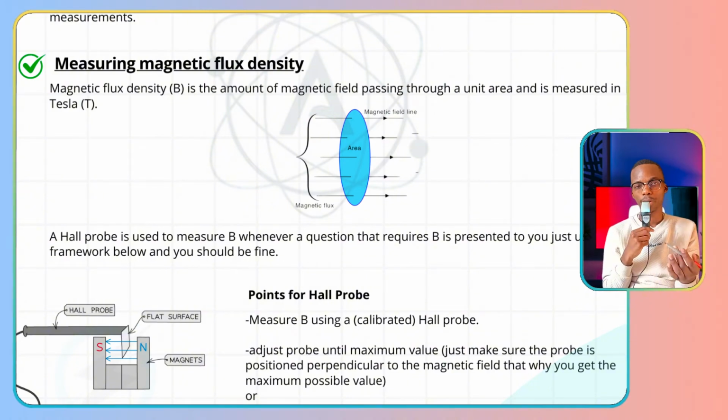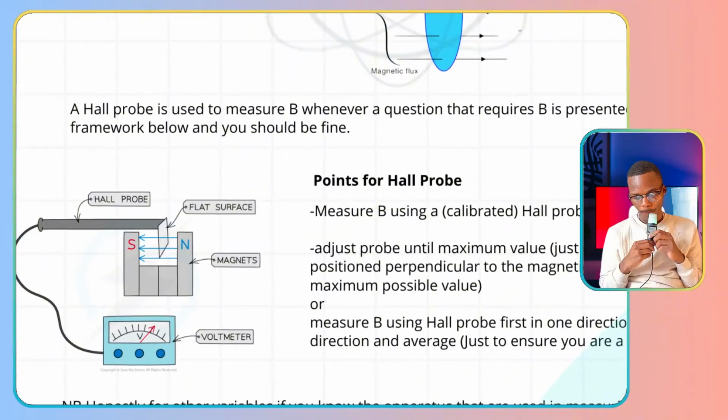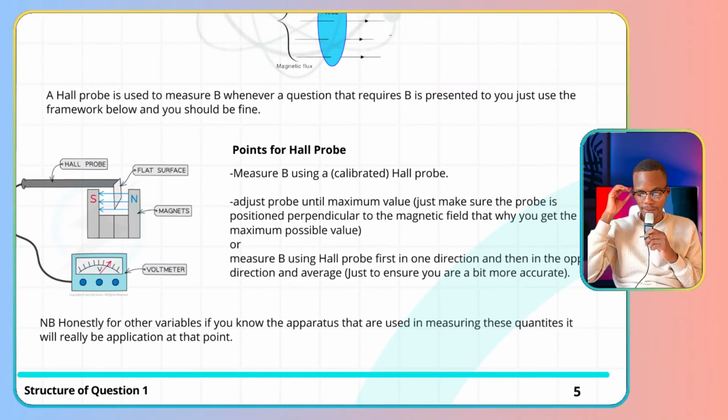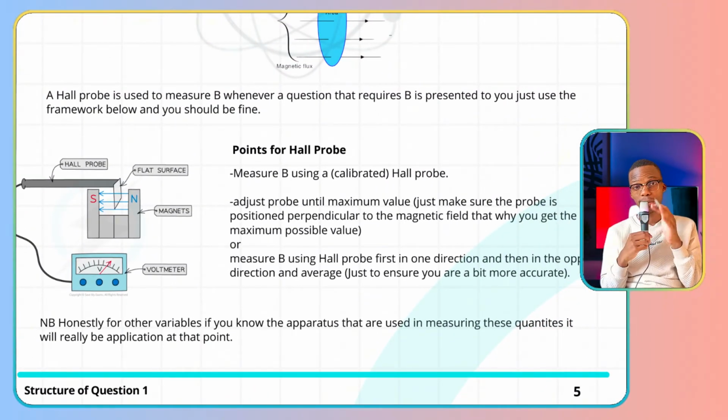So I could use a Hall probe. If you haven't seen a Hall probe, look at that diagram at that corner. Basically, a Hall probe is a device that's connected to a voltmeter, and you push it through a magnetic field, and you adjust it until you get the maximum value, just to make sure it's perpendicular, right?